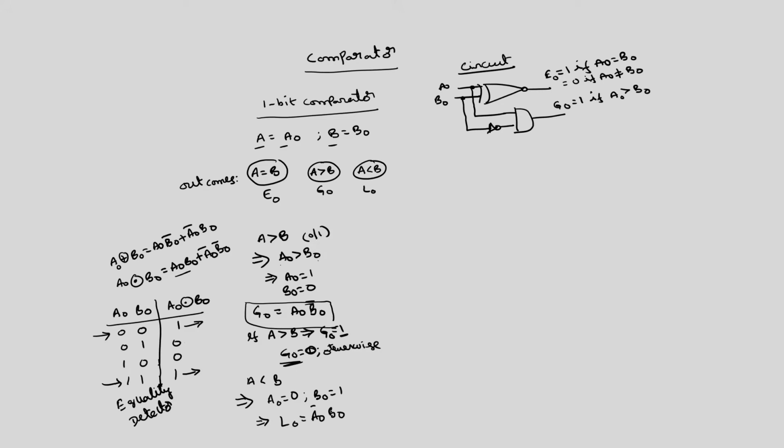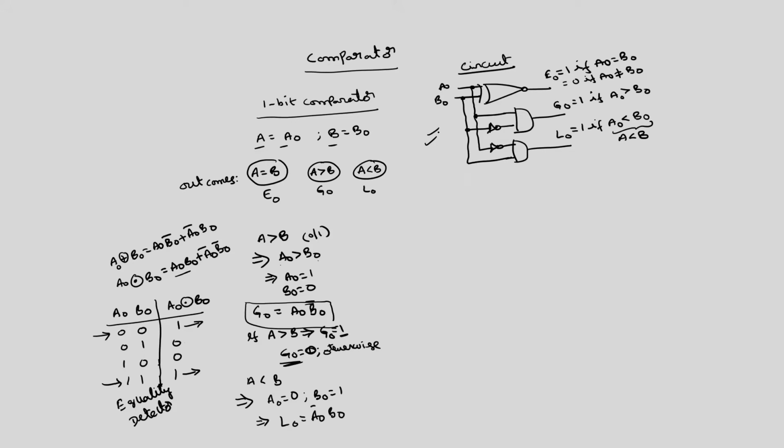This is just the complement of the greater than case. So here we take B with complement, and here you take A with complement. L0 is equal to 1 if A0 is less than B0, that implies A is less than B because it is only a single bit number. So this is the basic circuit diagram of a 1 bit comparator.